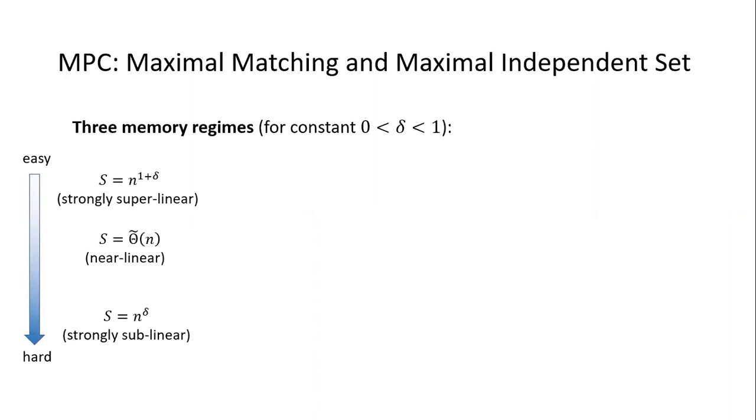The first one is the strongly superlinear regime, where the local memory is n to the 1 plus delta for some positive constant delta, where n is the number of vertices. And we also have the near linear memory regime and the strongly sublinear regime, where the local memory is n to the delta for some small constant delta.